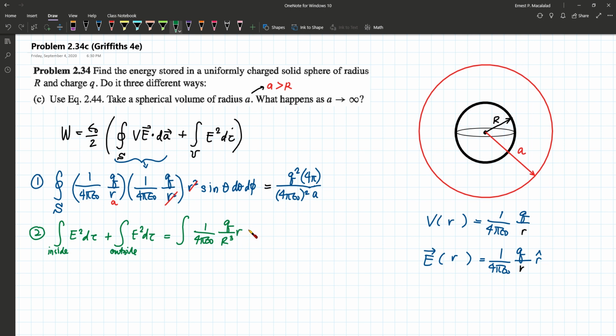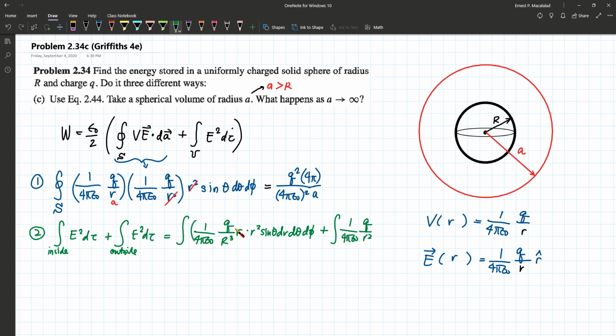And then, this is a volume integral, so this is times r squared sine theta dr d theta d phi. Okay, and then outside would be the integral of 1 over 4 pi epsilon naught, q over r squared.